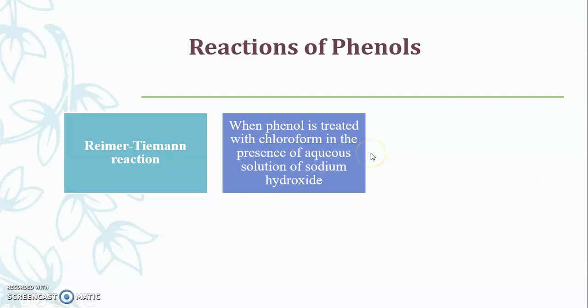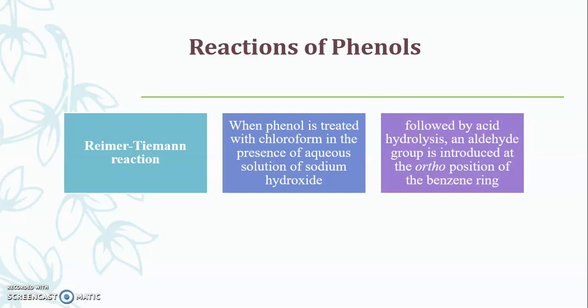Phenol is treated with chloroform in presence of aqueous sodium hydroxide, followed by acid hydrolysis, due to which an aldehyde group is introduced at the ortho position of the benzene ring. This reaction is known as the Reimer-Tiemann reaction.